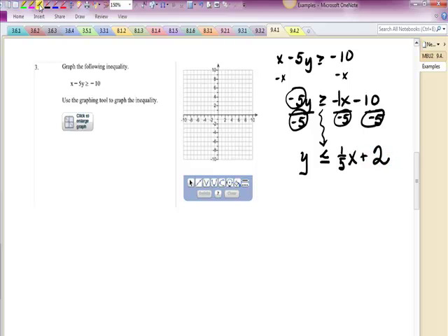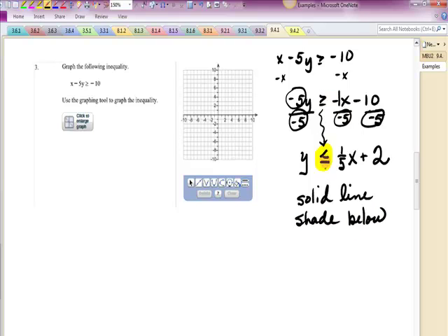All right, what does this symbol tell me? Well, because it has equal, it will be a solid boundary line. The points on the line will be included as solution points. It says less than, so we will shade below.